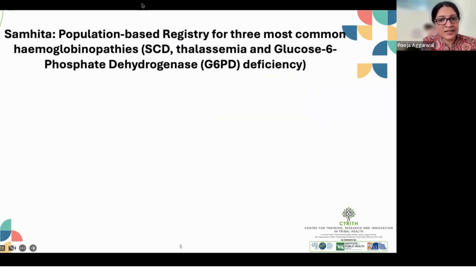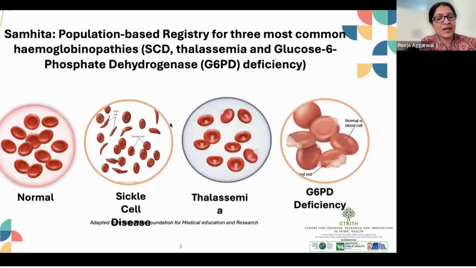Samhita is the name of the registry, which we have aptly called it because Samhita in Sanskrit means systematic collection of information. In this project, we have established a population-based registry defined by the presence of the three most common hemoglobinopathies, which are sickle cell disease, thalassemia, and G6PD, which stands for glucose-6-phosphate dehydrogenase deficiency.